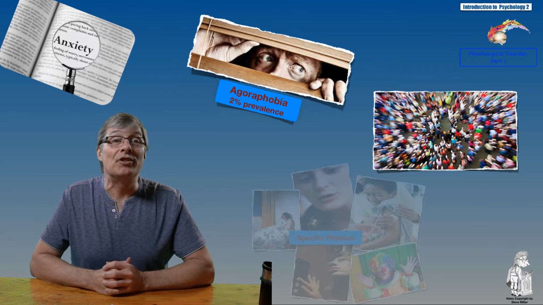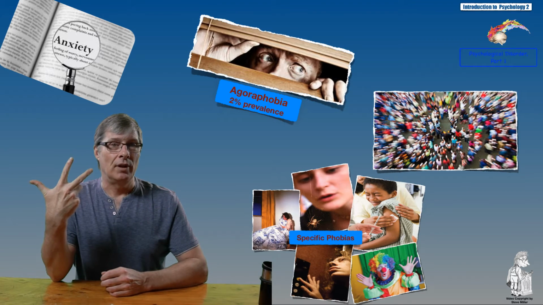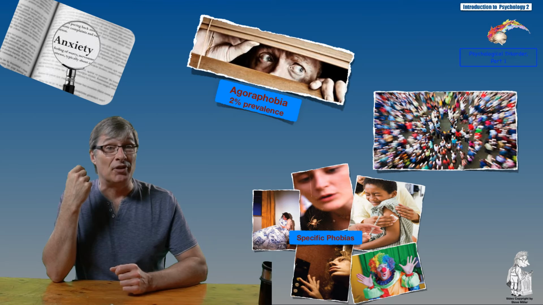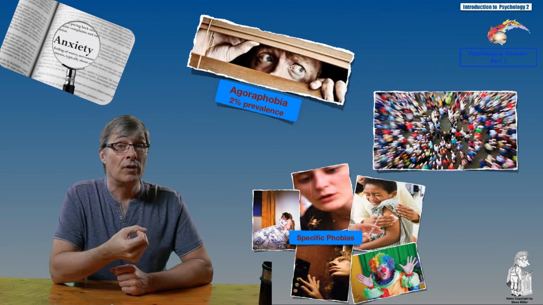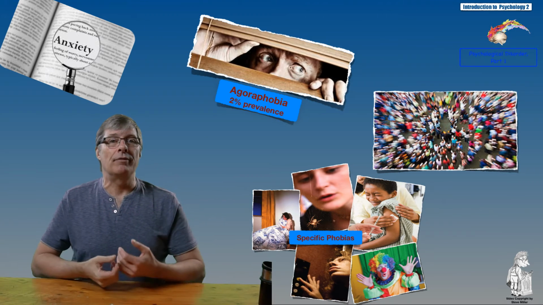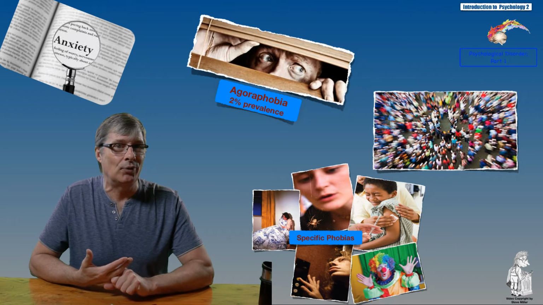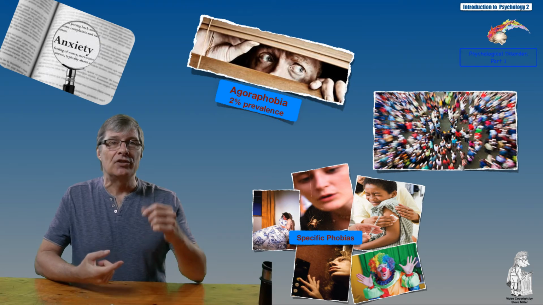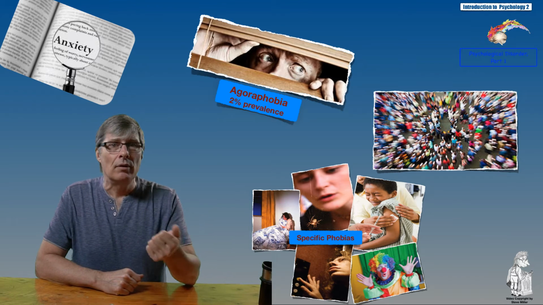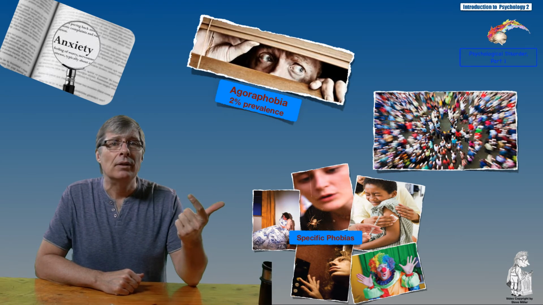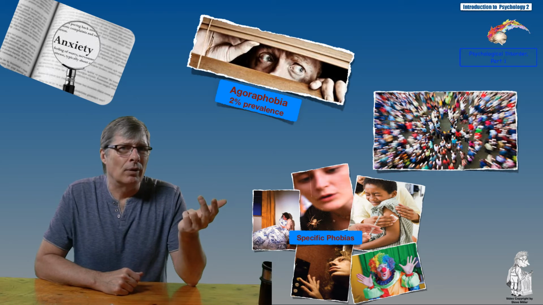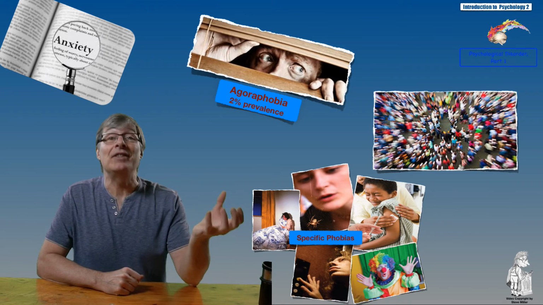Okay, specific phobia is the third. Now, these are marked fears of a specific object or situation, and it's a catch-all category for phobias other than agoraphobia or social anxiety disorder. Now, these include situational phobias, whether it's the elevator, tight or enclosed spaces, airplanes, things like that.